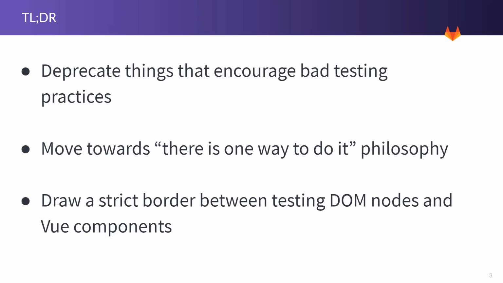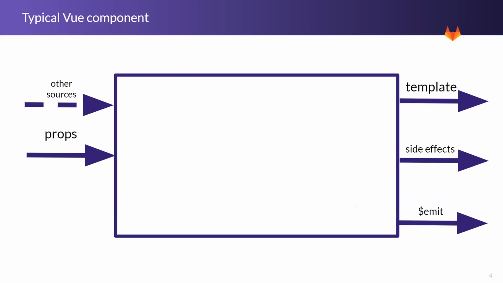It was to deprecate things that encourage bad testing practices, to remove certain things where you are able to do one thing in more than one approach, and also to draw a quite strict border between testing DOM nodes and Vue components, specifically splitting find into find and findComponent, but we will get to that later.